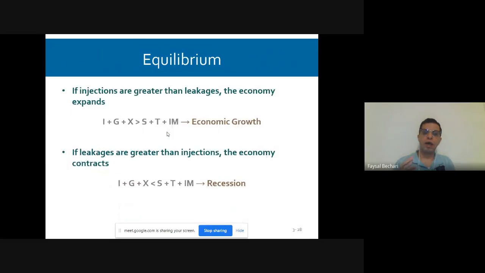Now, if the injection is greater than the leakage, the economy expands, so there is economic growth. If the leakage is greater than injection, then the economy contracts and gets smaller, which is called a recession.